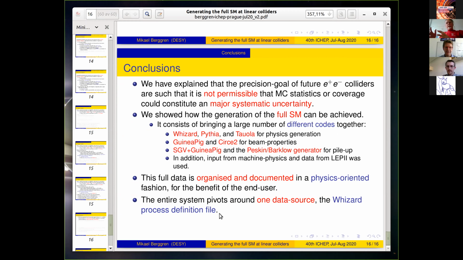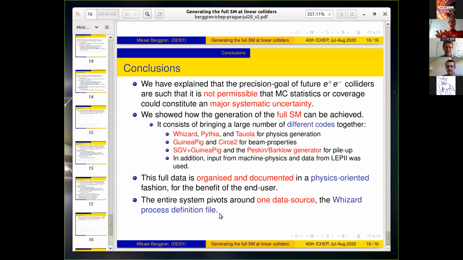Well, this is actually a question more for Remi on Friday, because it's clear that this generation stage is not a problem. We believe that even this massive production we are doing can be done on a local batch farm. We don't even need to go to the grid to do this. But of course, we're talking about a few milliseconds per generated event, not about minutes per fully simulated and reconstructed event.